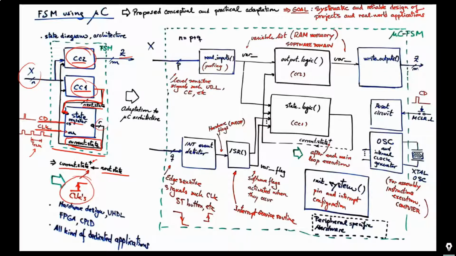That is what we did, and this is what works for all kind of dedicated applications, and it is right for hardware design and VHDL language as well, because it's easy to translate, and for implementing circuits in field programmable gate array and complex PLD. This is what we've been doing in chapter 2, right?